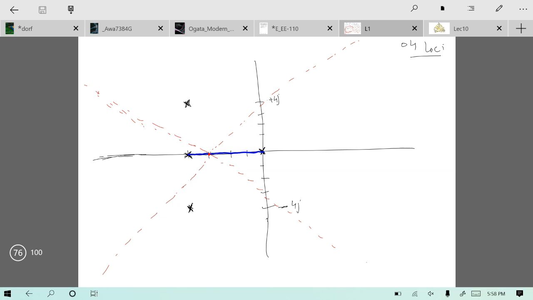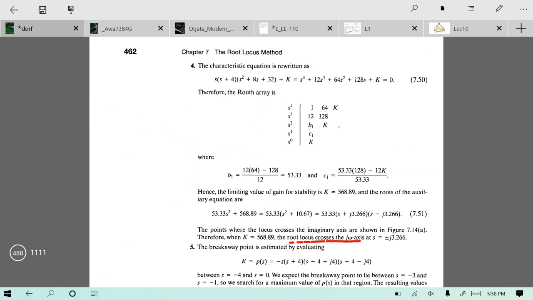from where our poles will cross the j omega axis, we will obviously take help from the Routh criterion. You know that Routh can give us the boundary of stability, because Routh tells you that if there is no sign change in your first column, your system is stable.